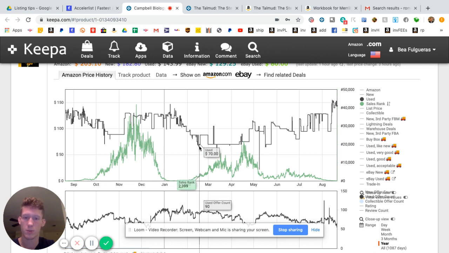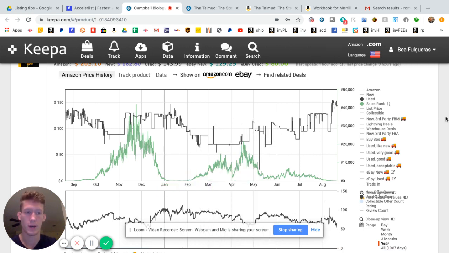So you could have purchased the book here for $65 and sent it back in this year for August. You could have flipped it for $150 if you're in online arbitrage. So this just shows the fluctuation of this book. If you guys are in an OA, track this book.